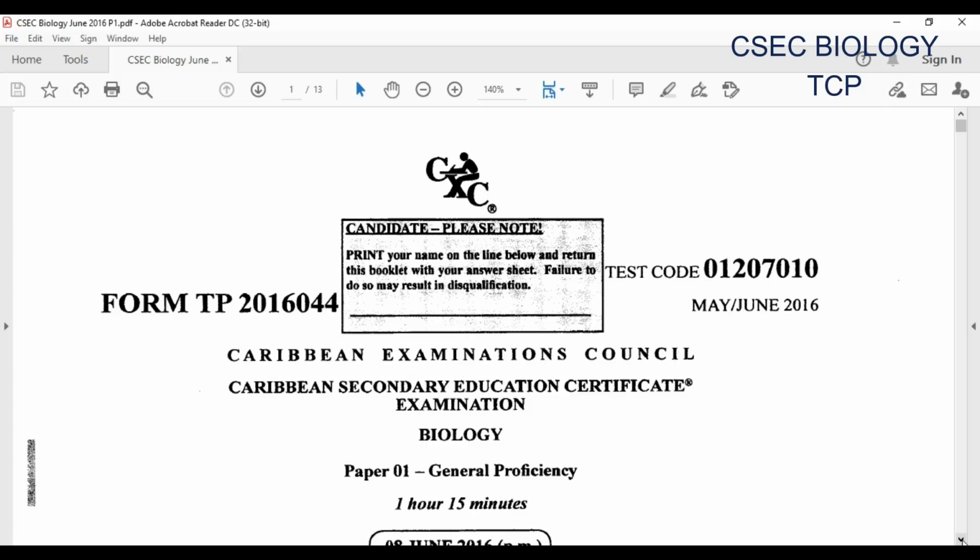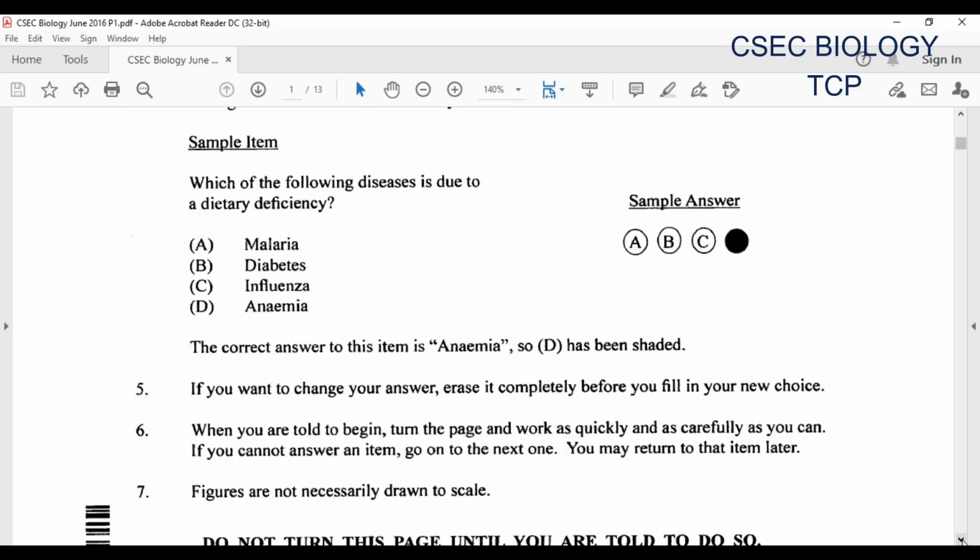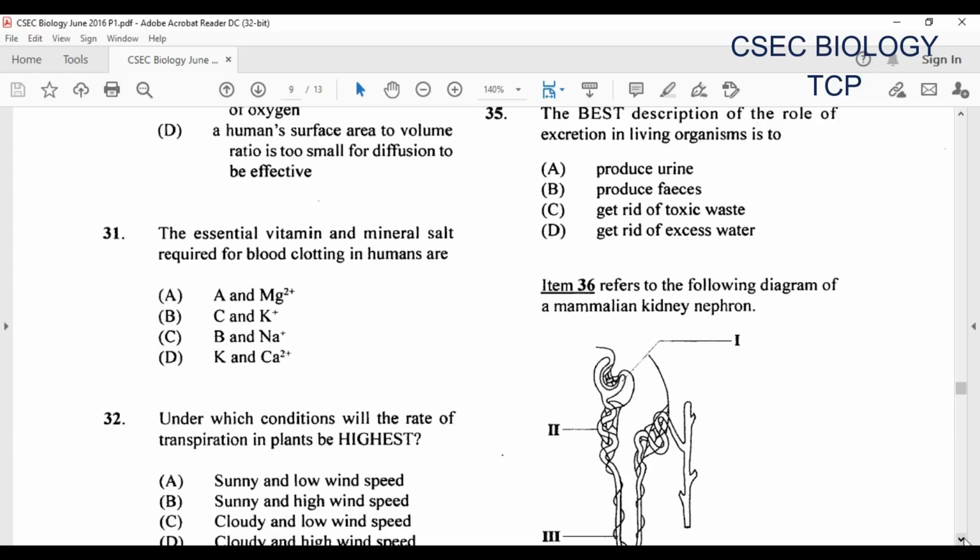Let's hop right into the video. Item 31. The essential vitamin and mineral salt required for blood clotting in humans are: A, vitamin A and magnesium; B, vitamin C and potassium; C, vitamin B and sodium; D, vitamin K and calcium.